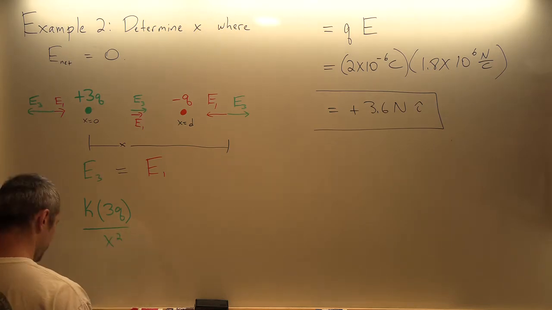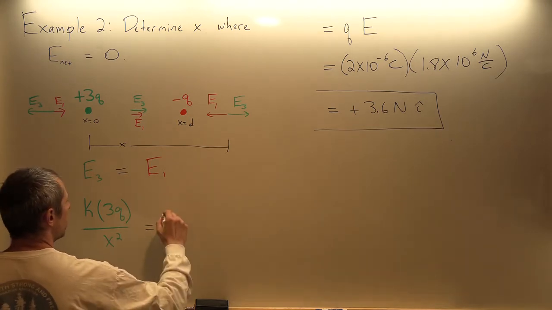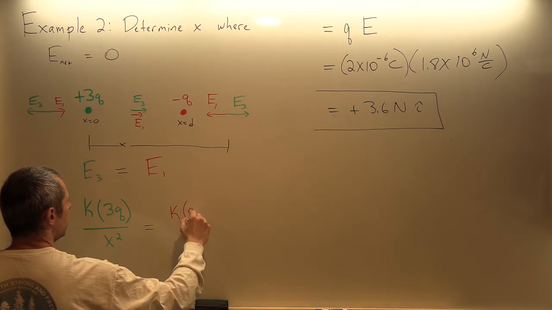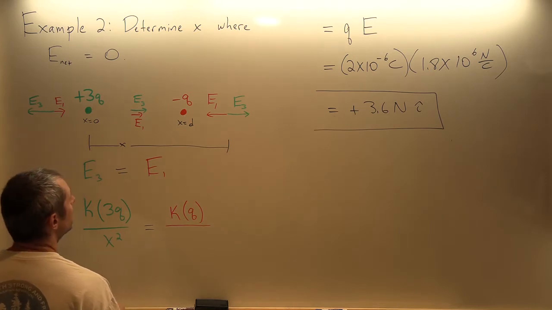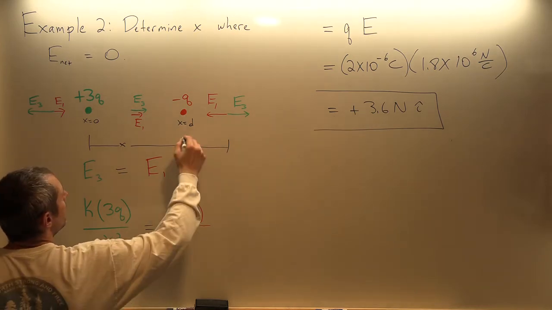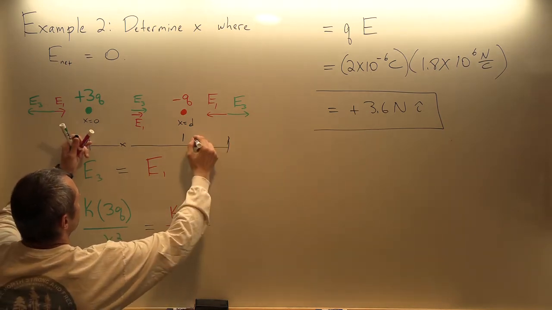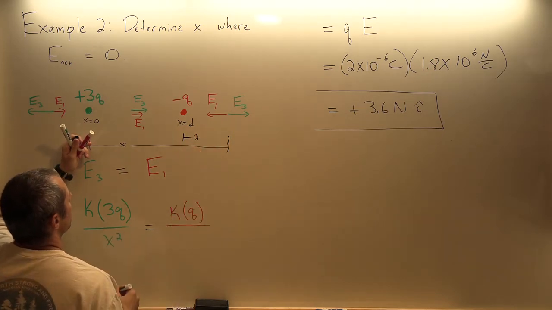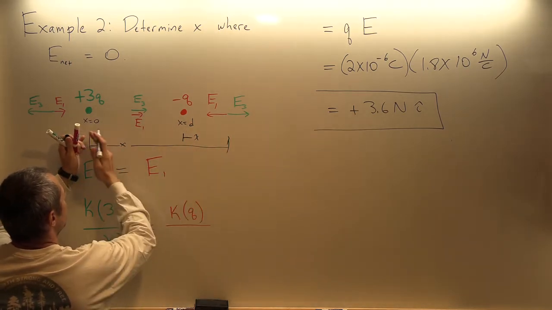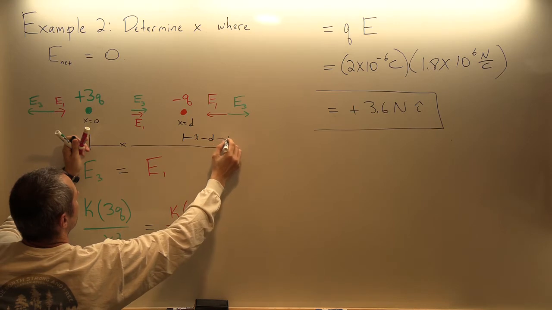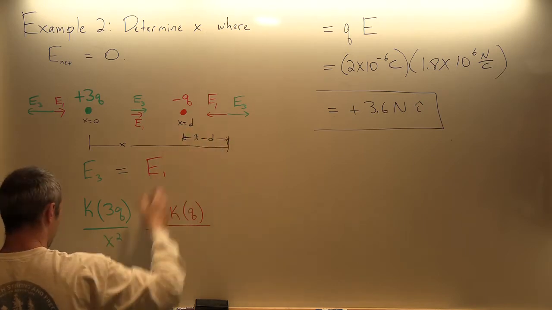On this side, we have K, Q, over. Now, what's the distance? Well, from here to here is the distance. The whole thing is x, but we're subtracting off d. So it's x minus d. That's that distance right there. The radius that we plug in over here is x minus d.